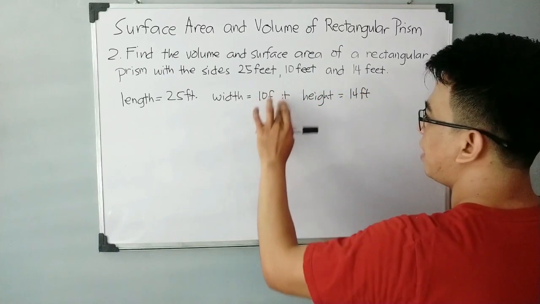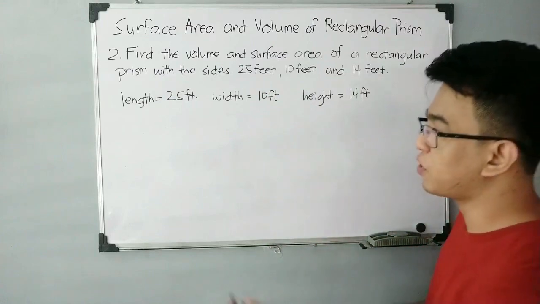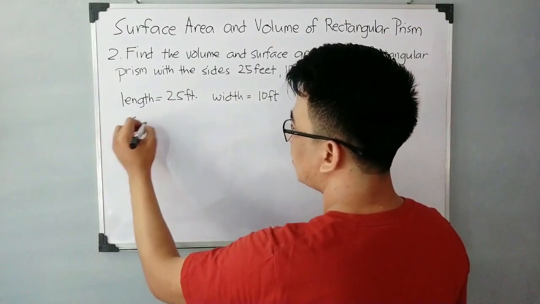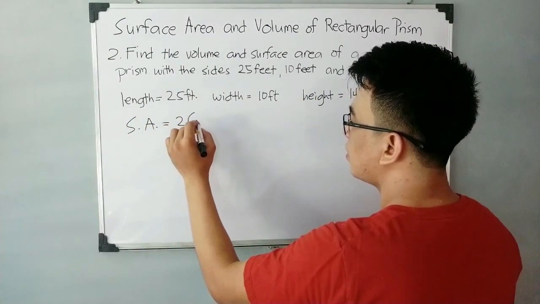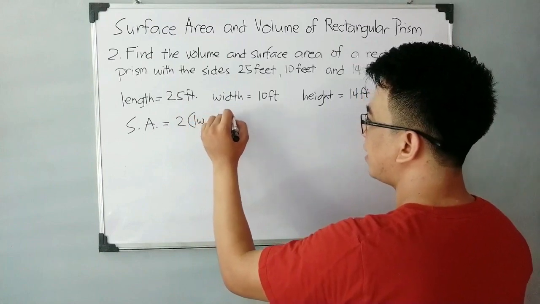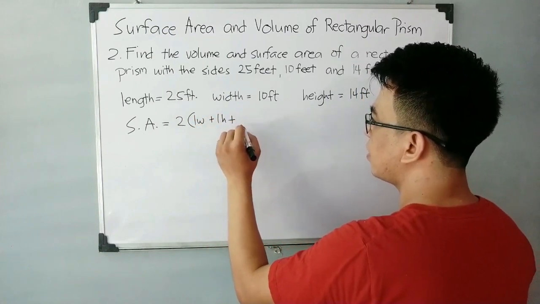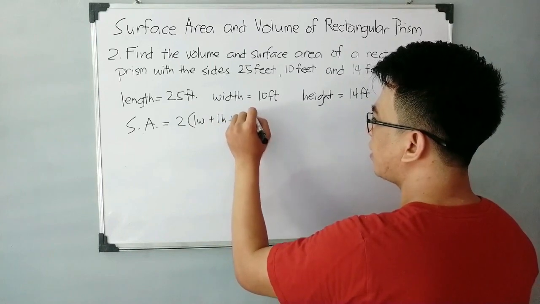Okay? Para pare-parehas tayo. Now, remembering the formula of your surface area, unahin natin surface area. Surface area is equal to 2 times length times width plus length times height plus your width times your height.